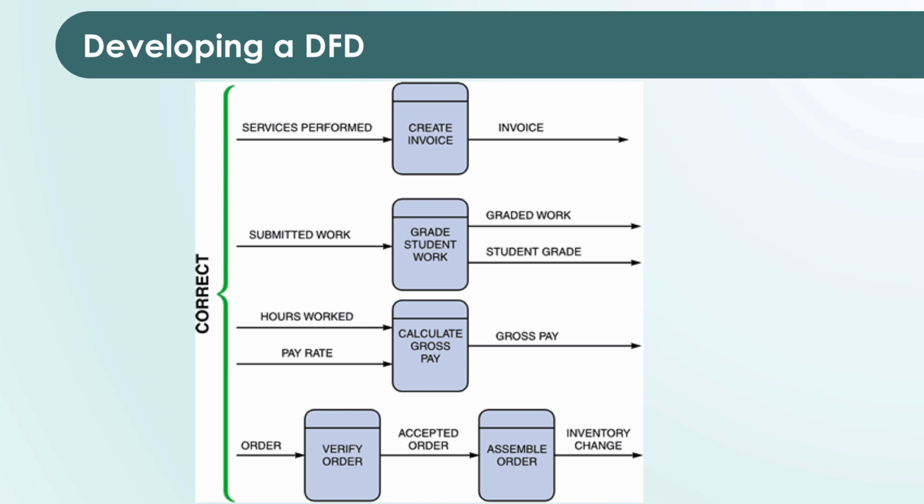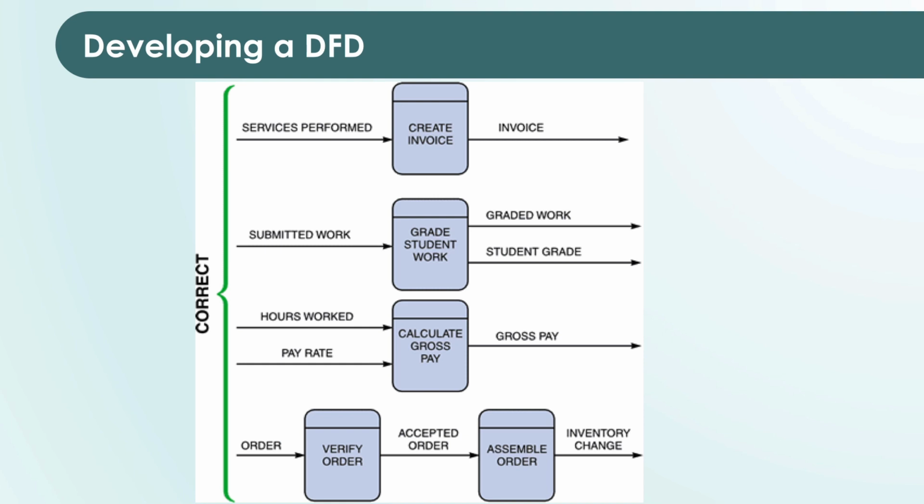So here the input is all the particulars about the services or the product information, and then we can create an invoice from it. In this first example, there is only one input and only one output. Take a look at the second example.